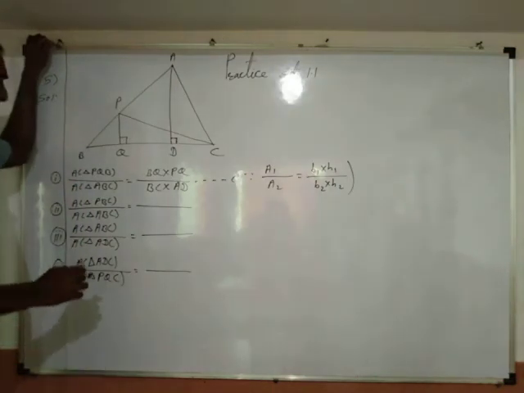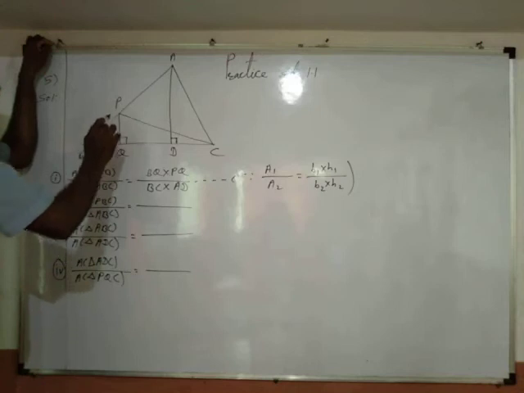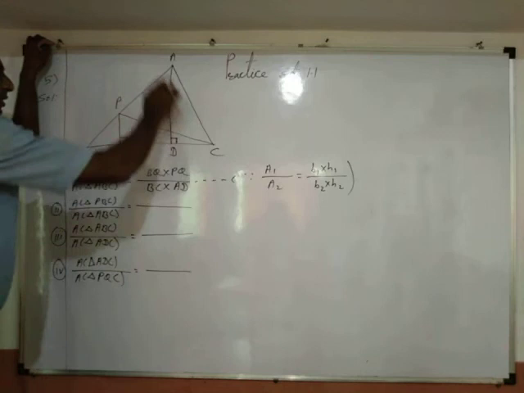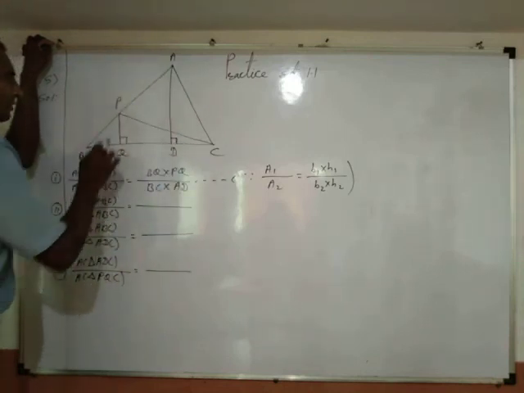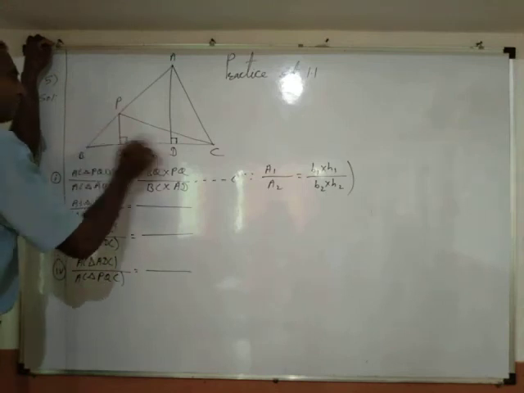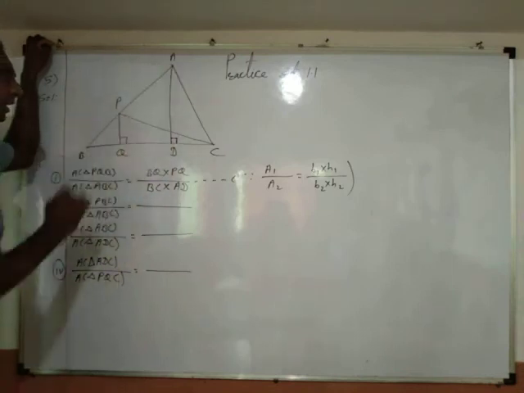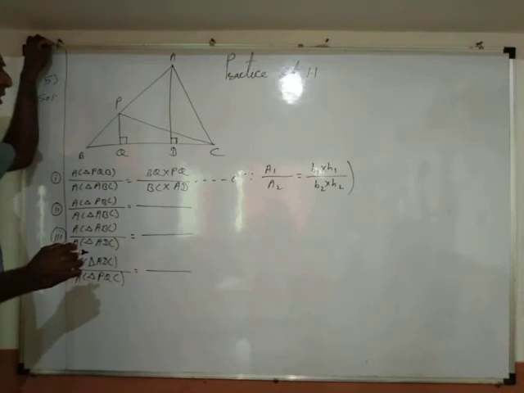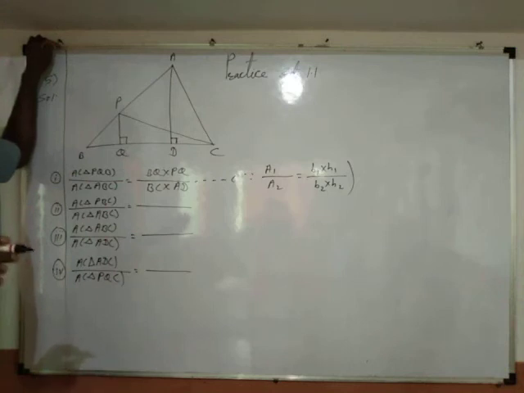Since A1 upon A2 equals B1 into H1 upon B2 into H2. Now let's consider the second pair. Triangle PBC and triangle ABC are triangles having common base BC. In triangle PBC, BC is a base, PQ is a height. In triangle ABC, BC is a base and AD is a height. And we know that the ratio of areas of two triangles having equal bases equals the ratio of their corresponding heights.